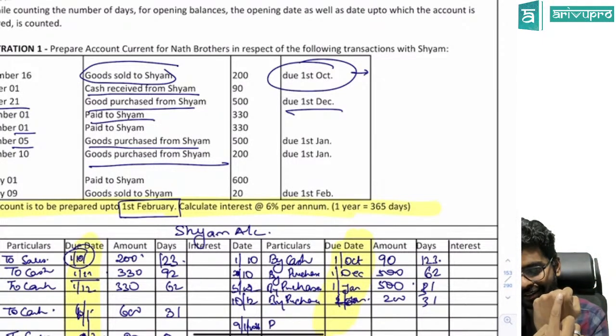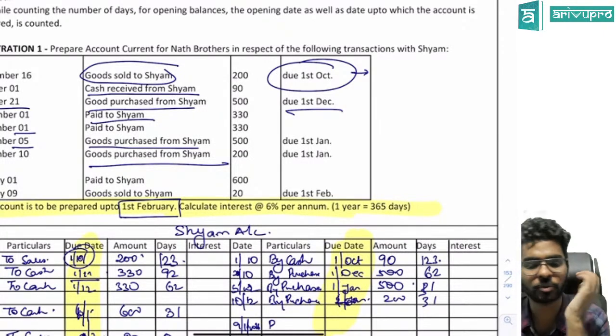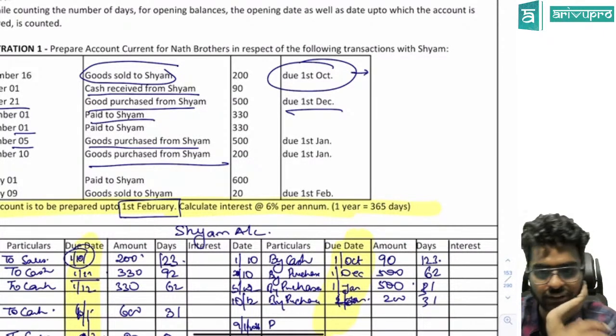So Jan is 31, Feb below, so it has to be 28, March 31, April 30, May 31, June 30, July 31. Done. One series over. Then again I am starting August, September, October, November, then December. So basically the ones which are on top of the knuckle are going to be 31.